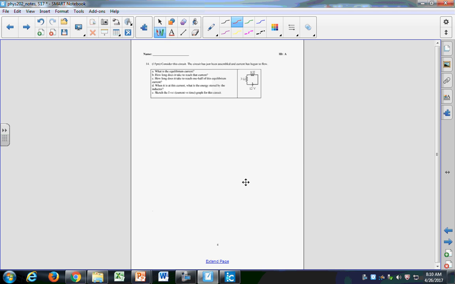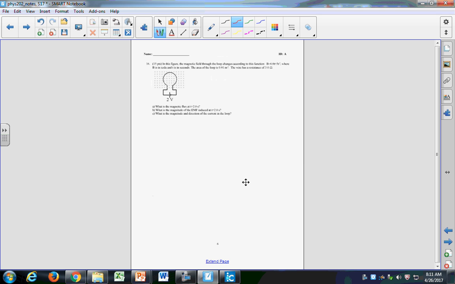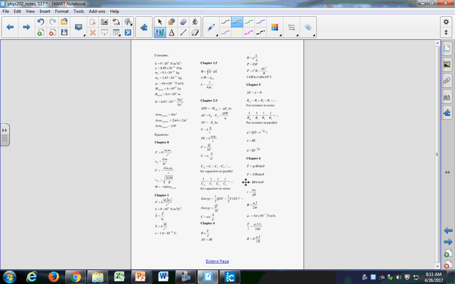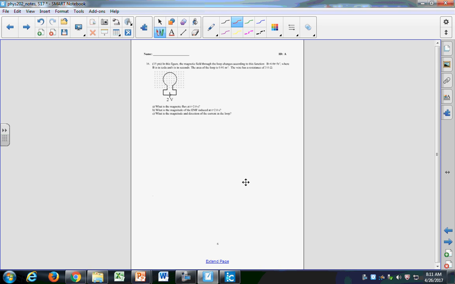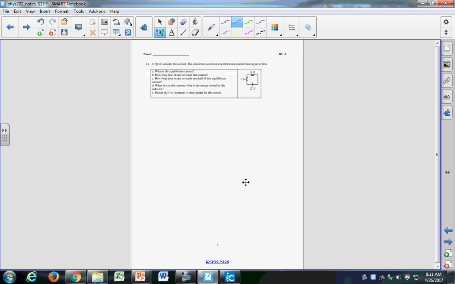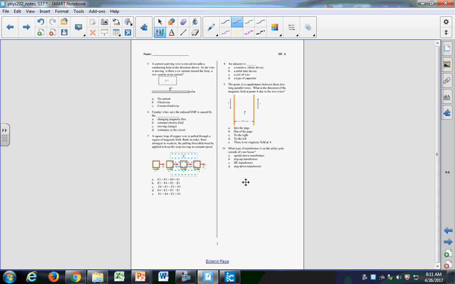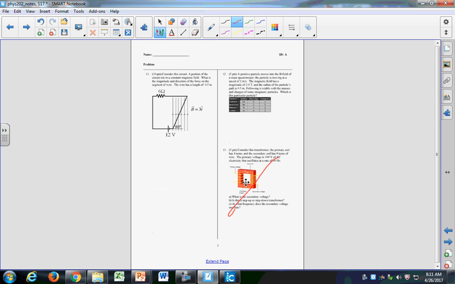It's an LR circuit. Number 15 is good. 16. Oh, did I not have any of those? Maybe I did that as take home. Yeah, I guess I didn't get to those last year either. Oh, that's unfortunate. AC circuits. On this old test, you can just leave off the transformer.